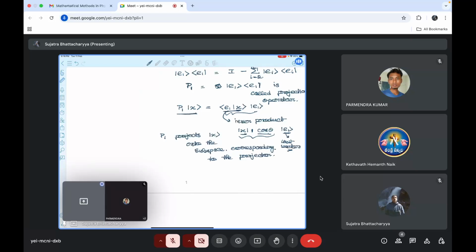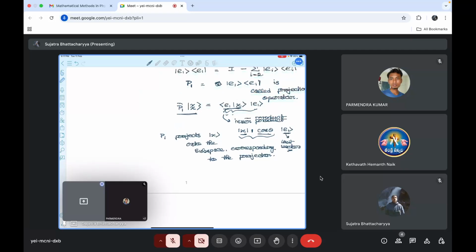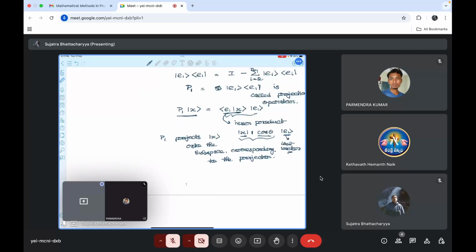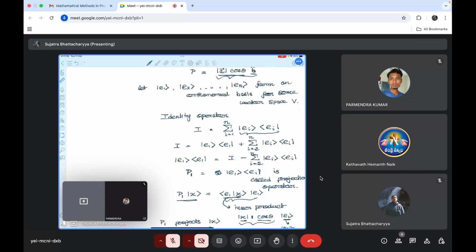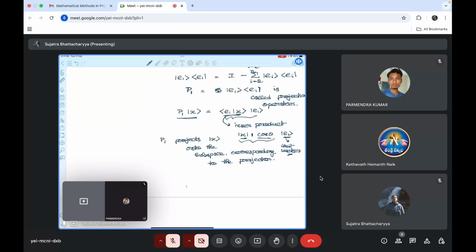So P1 X will be in the subspace, that's fine. It's not an important thing. So P1 is projecting this vector X into the subspace, in this particular set of vectors, in the direction of the E1. Okay, so this is the important.